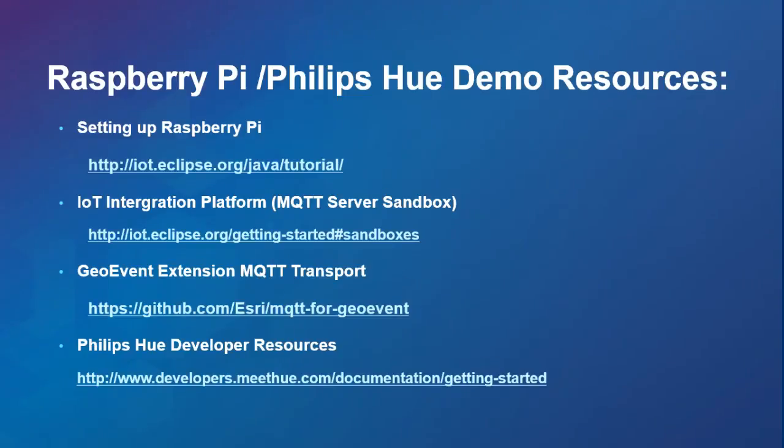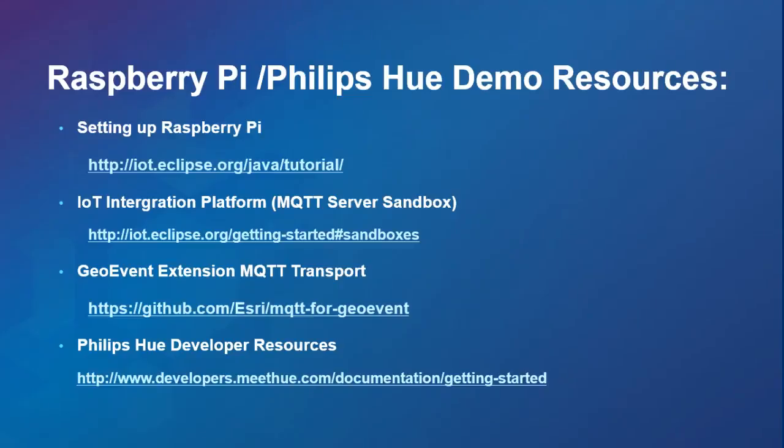The IoT hub could be Amazon, Azure, Cisco, or any other cloud service that provides the integration platform. The real-time analysis could be more complicated, and the output may involve mapping or notifications. These characteristics of IoT solutions all align with the functions provided by ArcGIS Server and the GeoEvent extension.